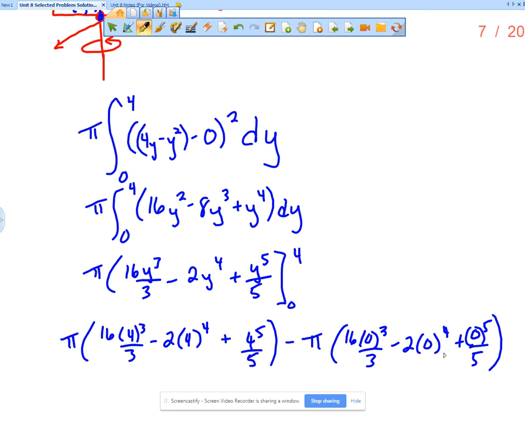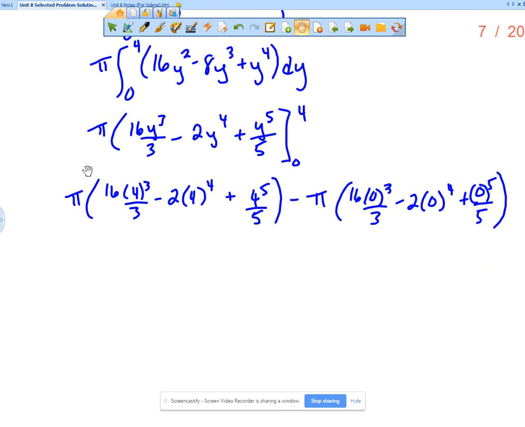Obviously the second part is 0. I said the numbers may get annoying, but if the numbers turned out a little easier, this is certainly a calculator question. AP probably wouldn't give you this because the numbers are just too annoying.